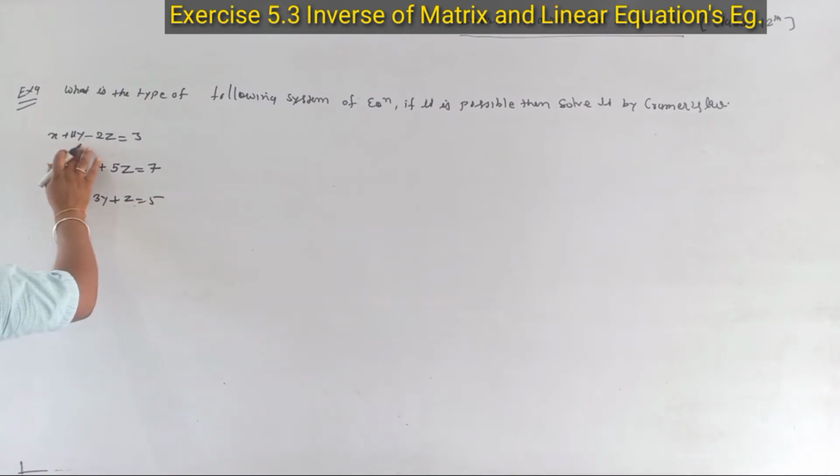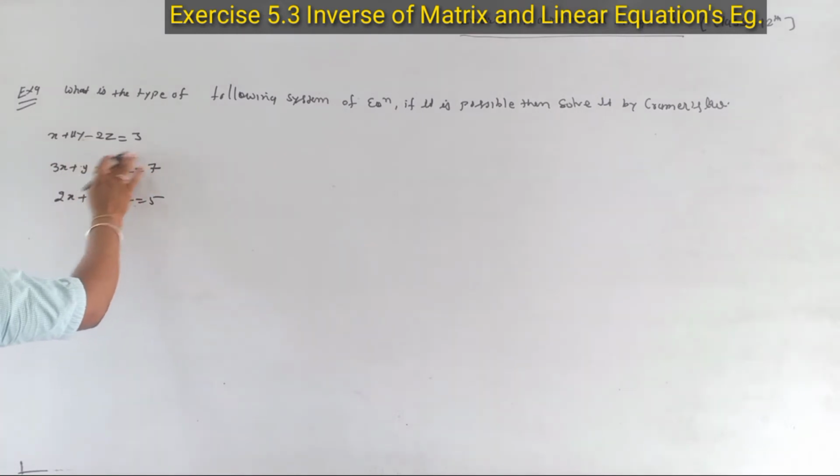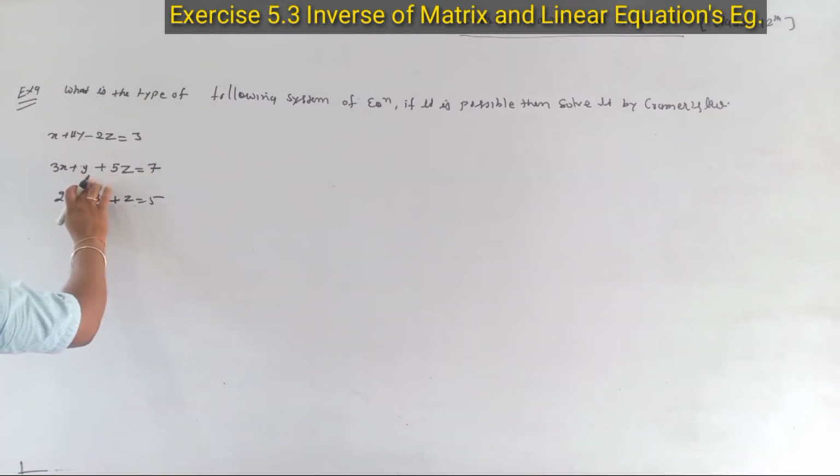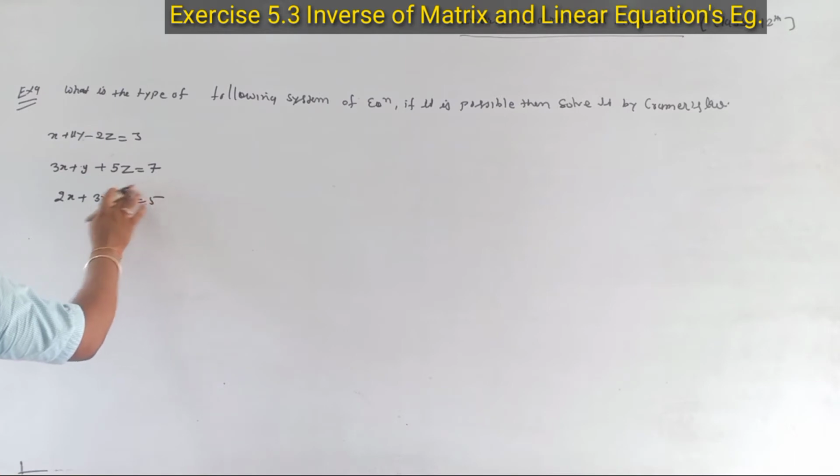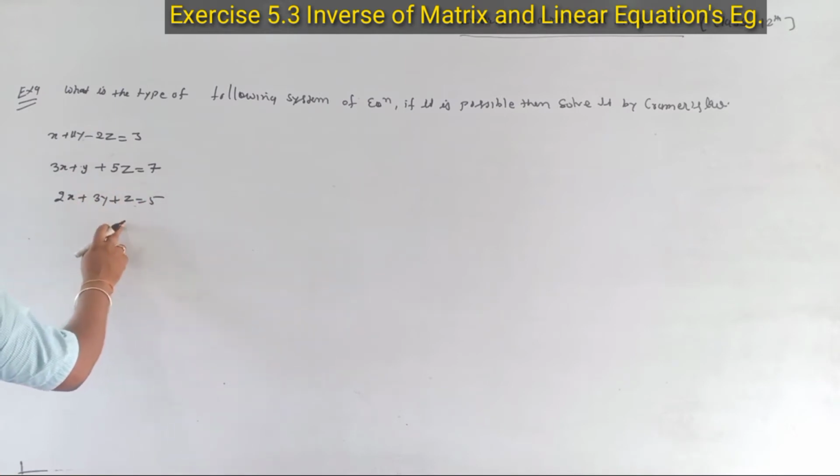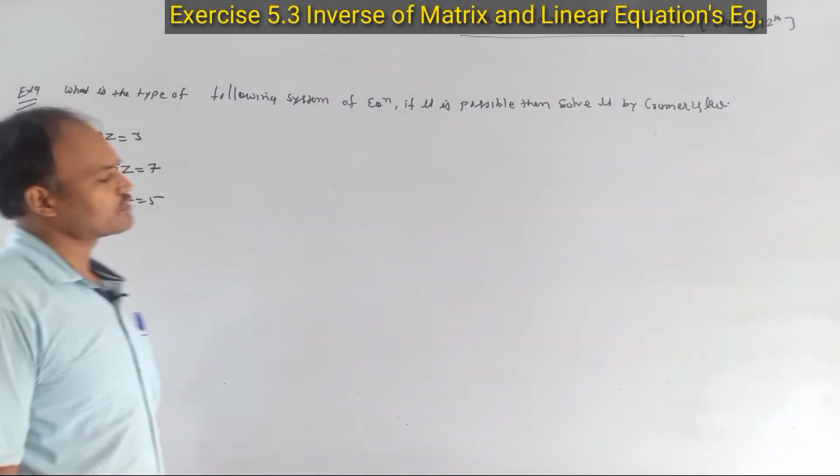Again, repeat: x plus 4y minus 2z equals 3, 3x plus y plus 5z equals 7, 2x plus 3y plus z equals 5. So students, this is the question and now we have to solve it.